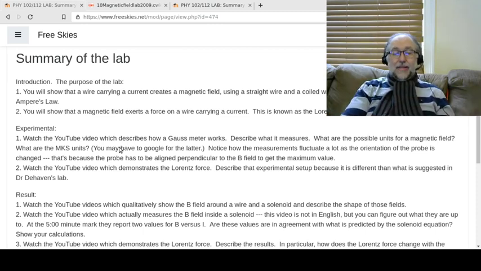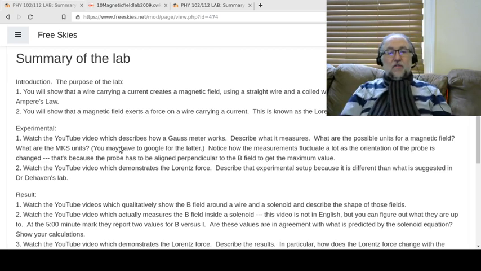The reason is that you have to orient it correctly. They do at one point say, find the sweet spot. What they mean by the sweet spot is you've got the probe's head perpendicular to the field lines.